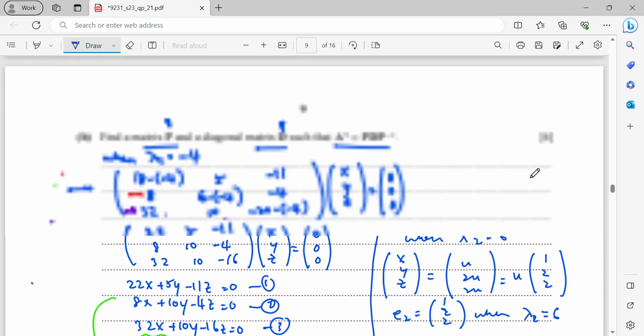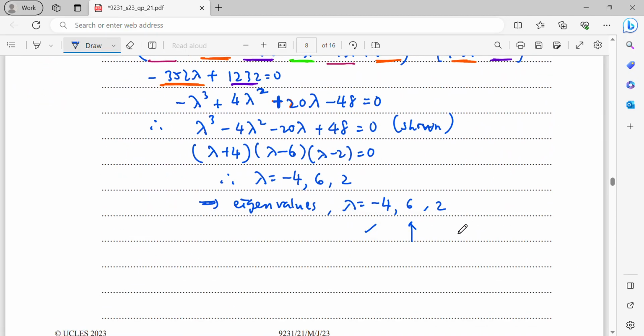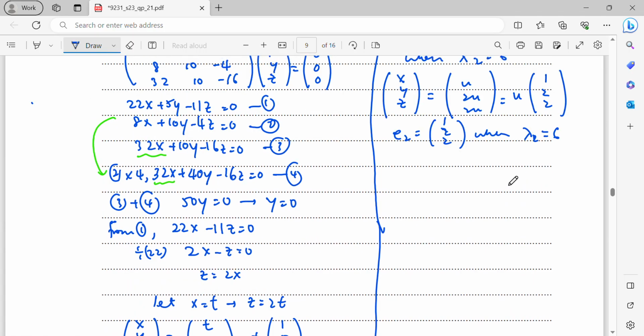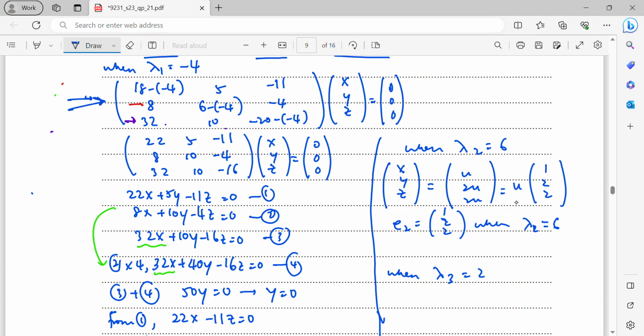So repeat this for the next lambda. So my next lambda is 2. So now I will write when lambda 3 is 2. Now, by referring to this matrix, just replace the values inside the bracket by 2 now. I will get 18 minus 2, 5, minus 11. So 8, 6 minus 2, minus 4, 32, 10, minus 20 minus 2. So I'm referring to this matrix.